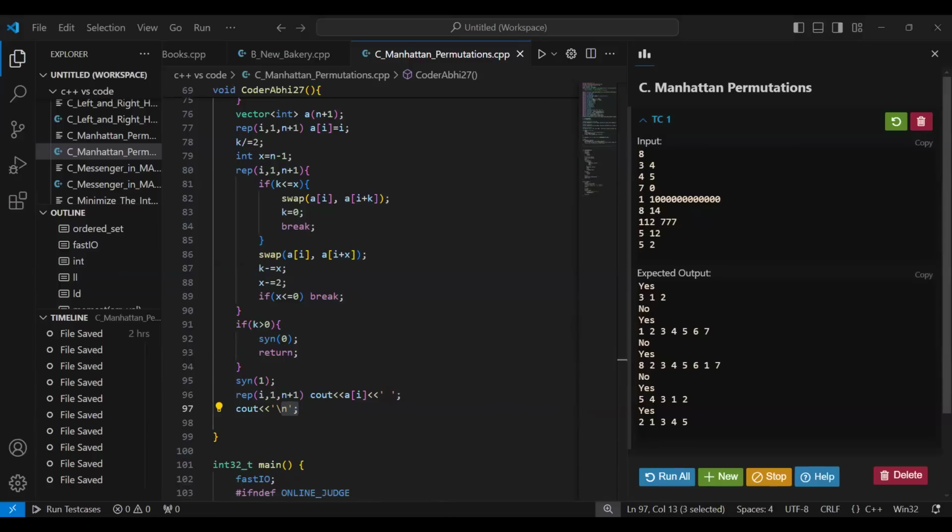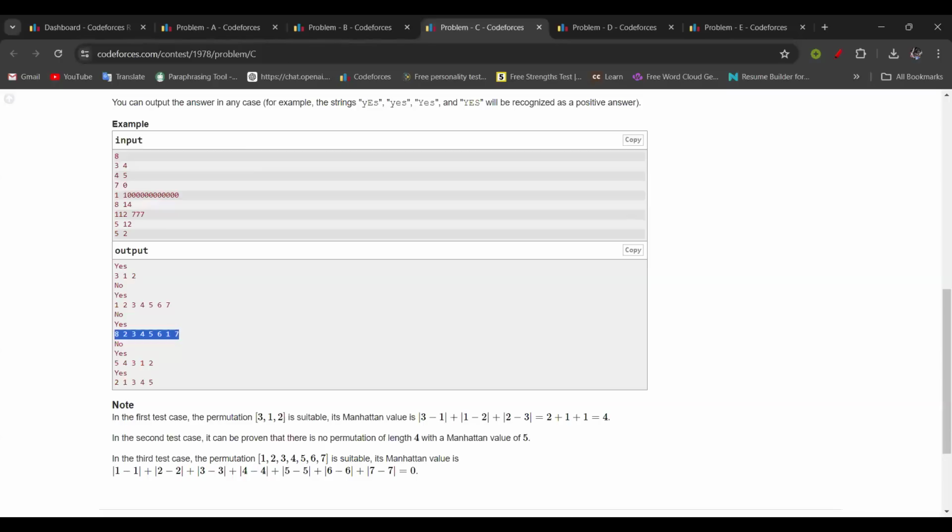So let's move on to the next question now. For some reason, this gave me wrong answer. And if I try to look at your view, I can look at it maybe after the session.